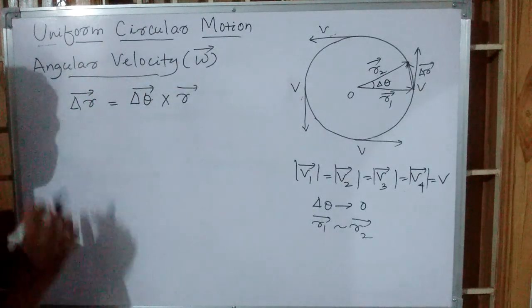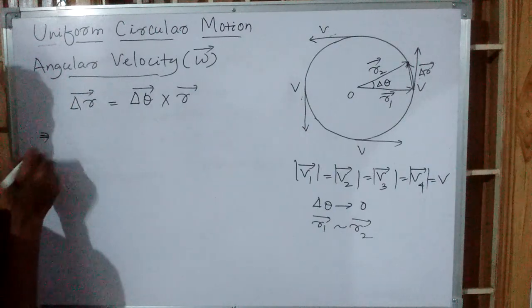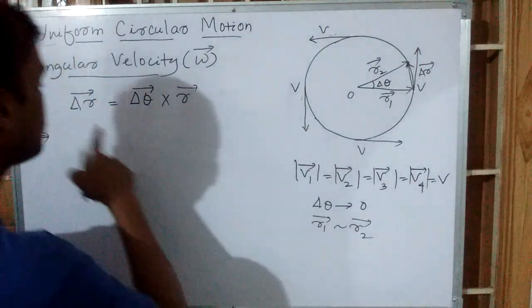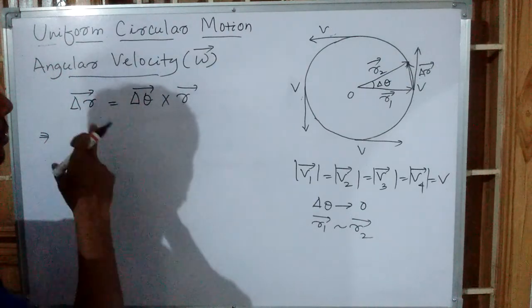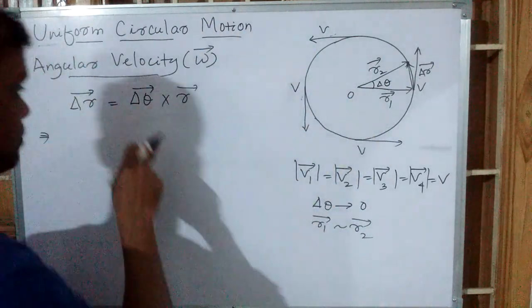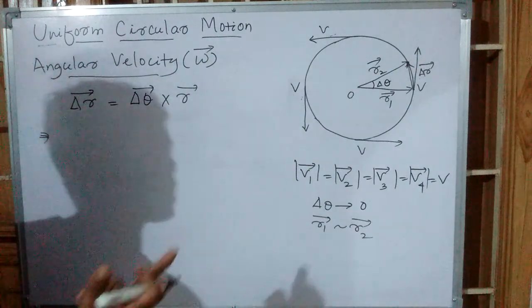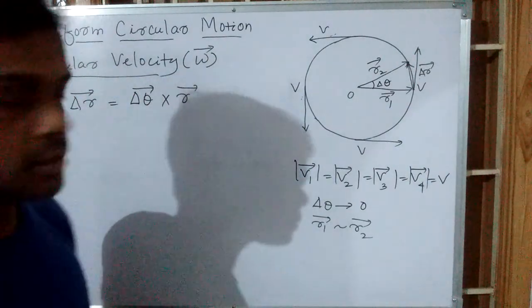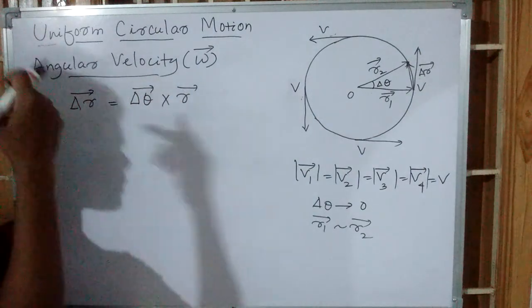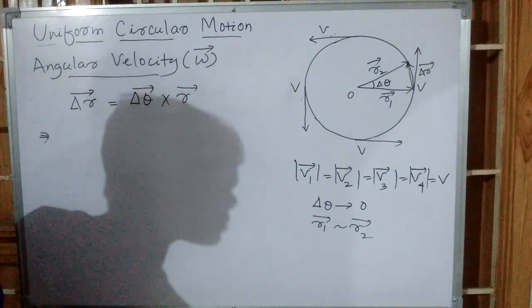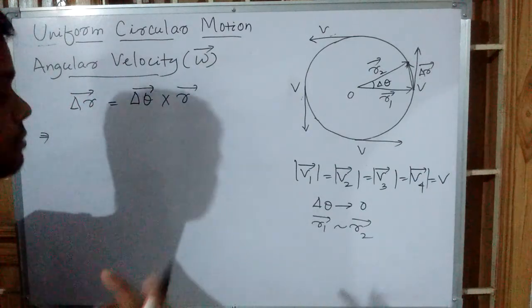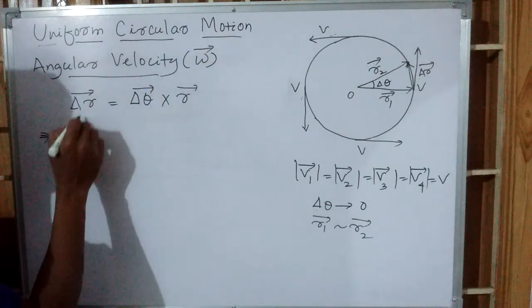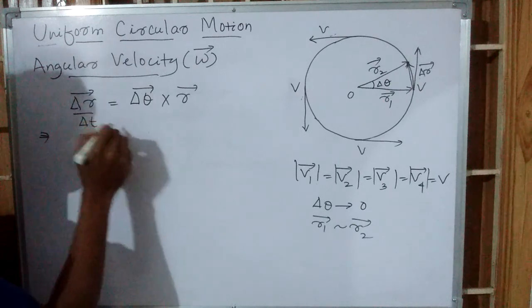Now what is the angular velocity? What is linear velocity? Linear velocity is the rate of change of linear position. Similarly, the rate of change of angular position is angular velocity, or displacement by time is velocity. Similarly, angular displacement by time is angular velocity. Very simple. So I will divide by del t on both sides.